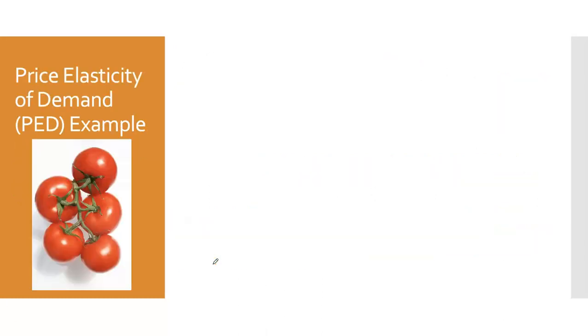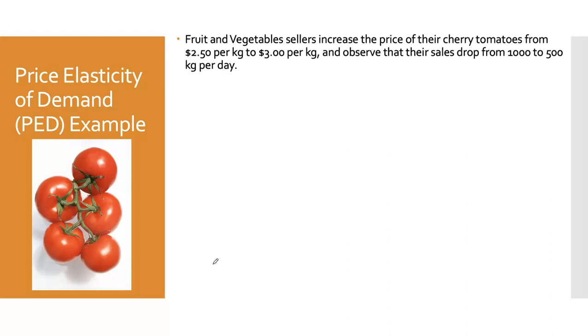So let's look at an example about cherry tomatoes. The fruit and vegetable sellers have observed that they have increased their price from $2.50 to $3. There has been a price increase of 50 cents.